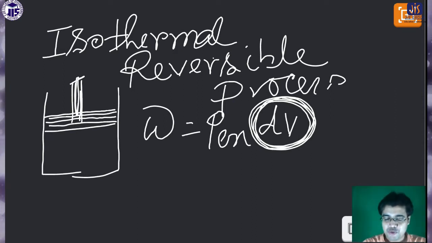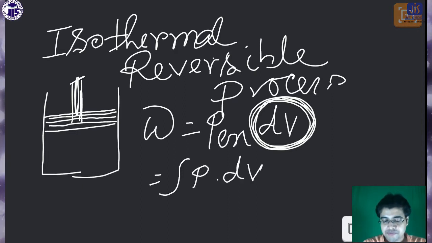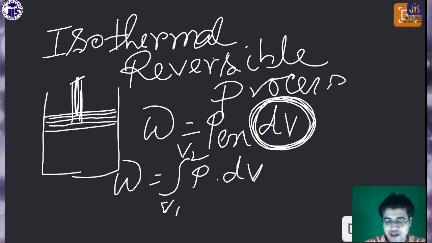So we just have to integrate P into dV. The initial volume will be V1 and the final volume will be V2, so integrate between V1 and V2. This will give you the value of the work done in the isothermal reversible process.